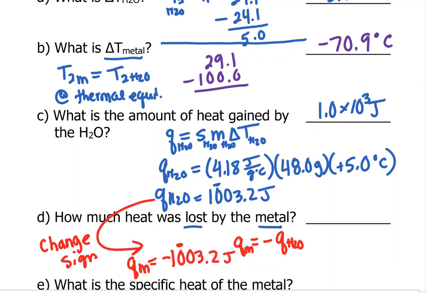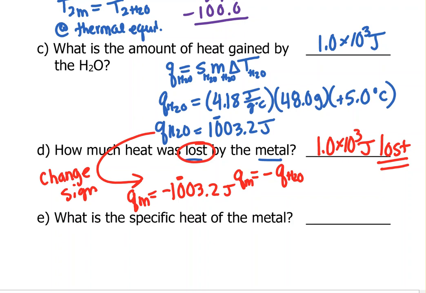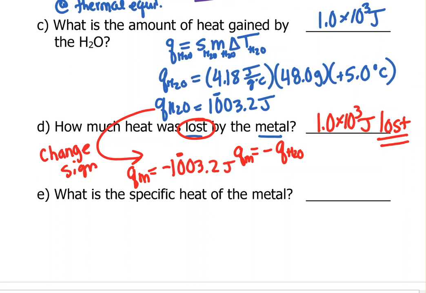But that's not what it asked. It didn't ask for the Q for the metal, it asked how much was lost. And so since I have that word lost, that takes the place of the negative sign. Negative does mean it's losing it, so that would be redundant. Another way to think about it is you can't lose a negative amount, something that would be gaining.